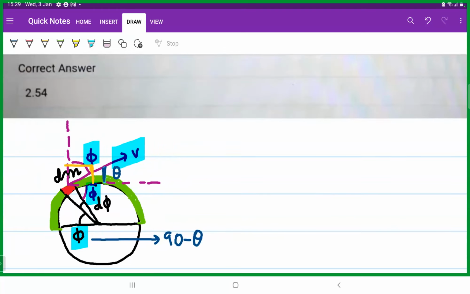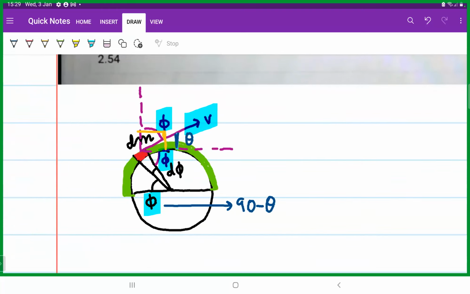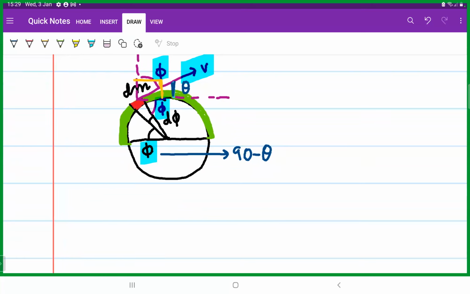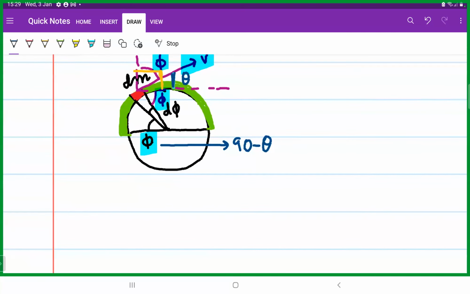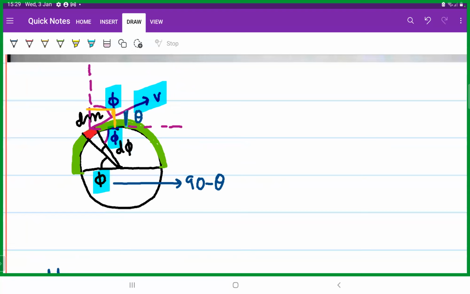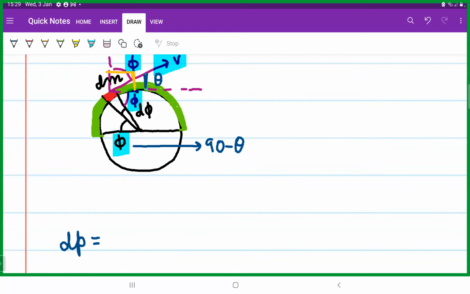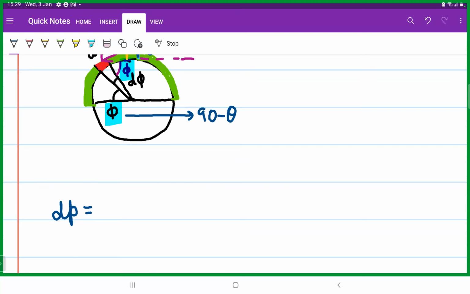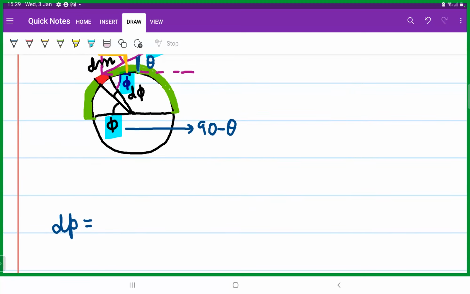Now we have to find momentum in two directions, that is the x-axis and the y-axis. First let me find the momentum in the x-axis. For a small mass dm, let's find the linear momentum. The value of linear momentum is mv, and we will be applying that. The value of v in the x direction is v cos theta.